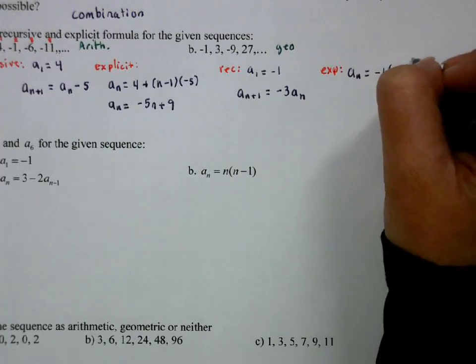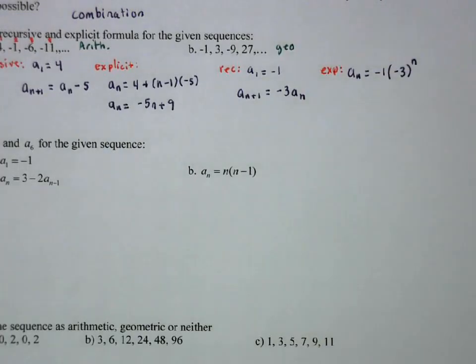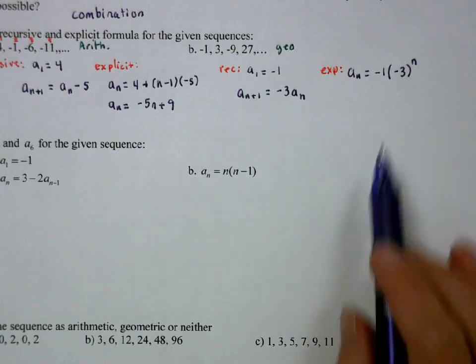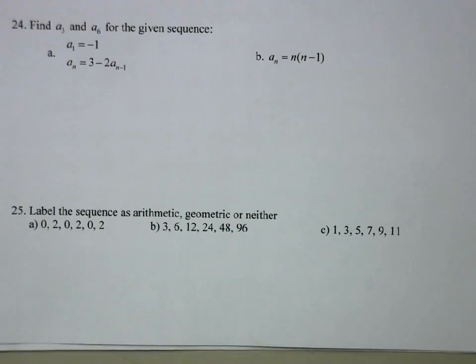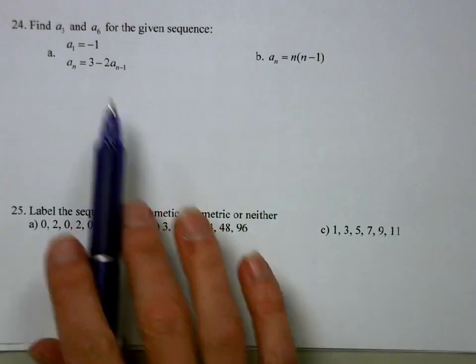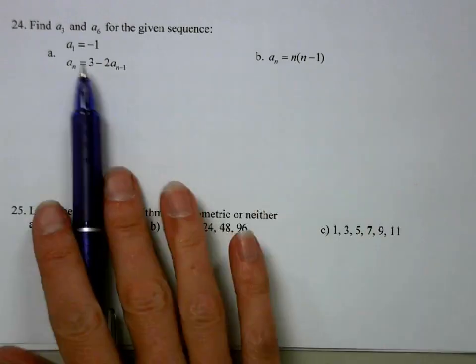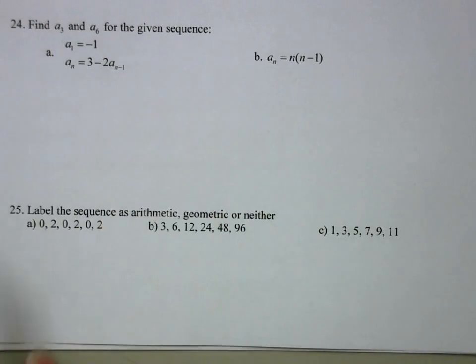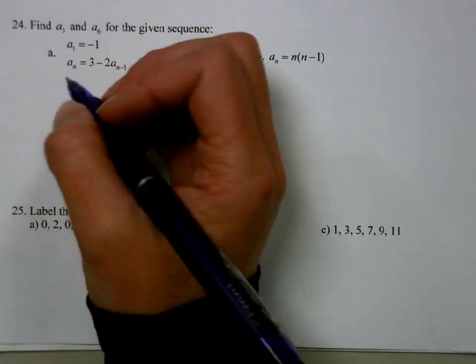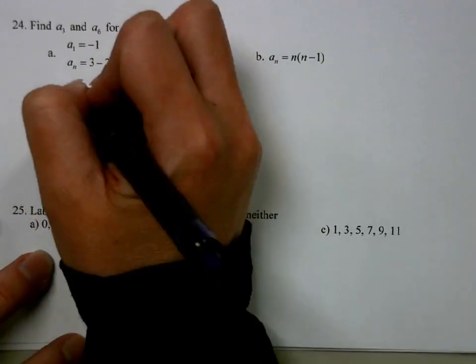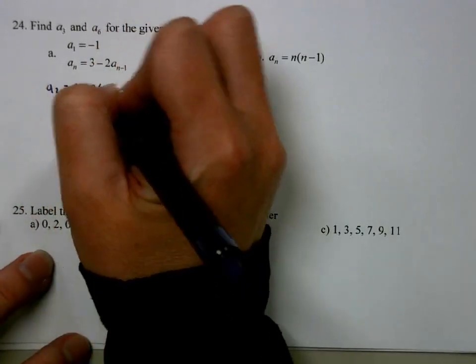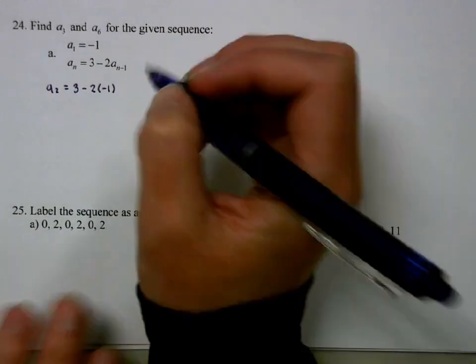Okay, so we're going to find A3 and A6 for two different types of equations. One is recursive, one is explicit. So for the recursive, to get A3, you need A2, and so on. So we actually have to do the whole thing here. A2 is going to be 3 minus 2 times A1, which is negative 1. So that'll be 3 plus 2, which is 5. A3 is going to be 3 minus 2 of that, 5.